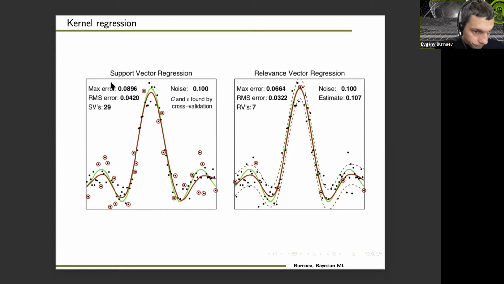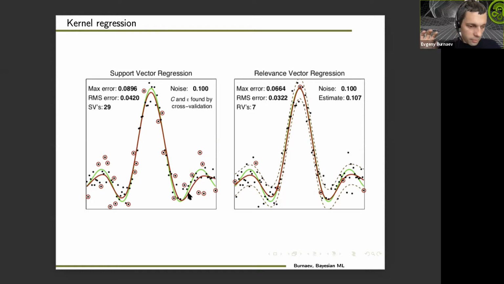When we consider the kernel version, we put a kernel in each point of the sample, and then after constructing the model, only some of these sample points will be used as support vectors.